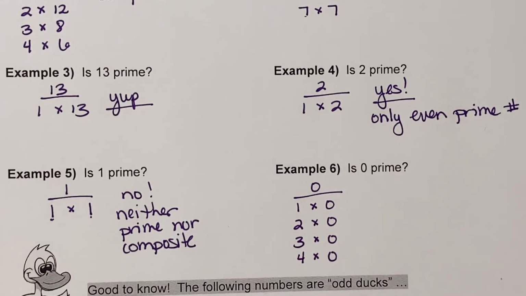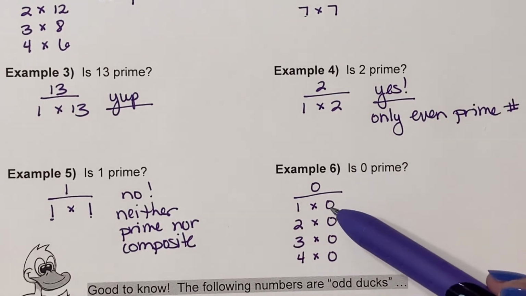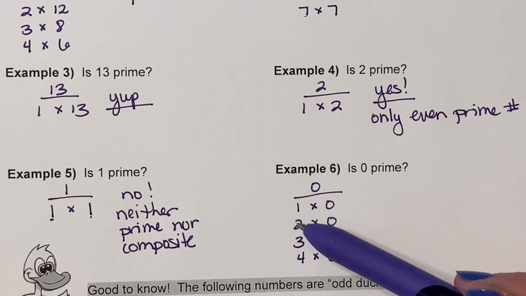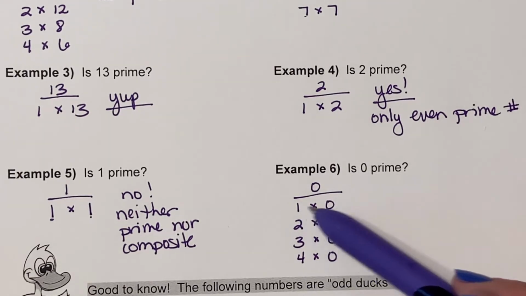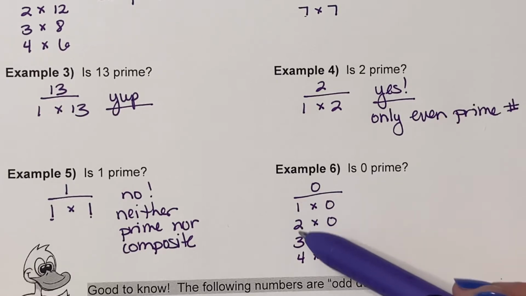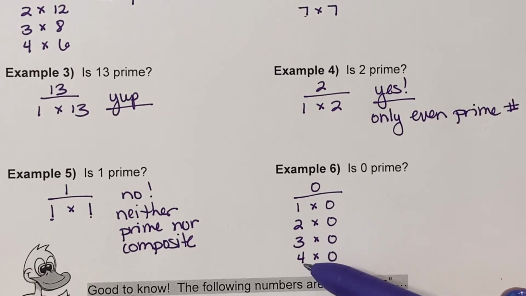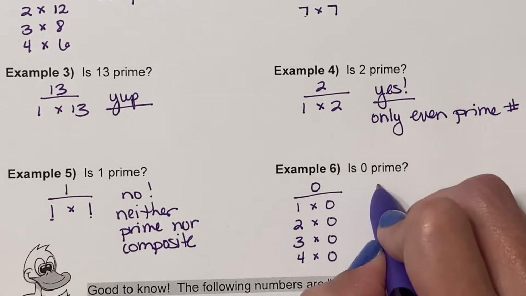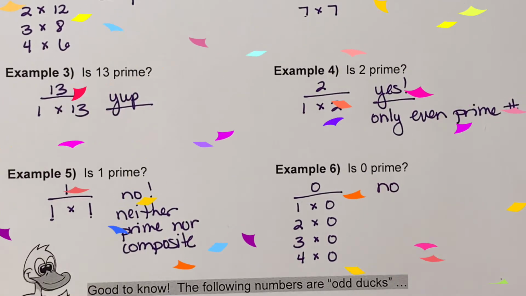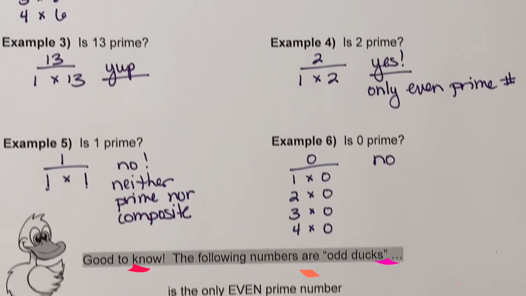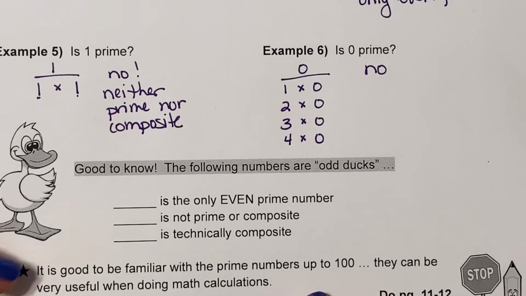Well, technically 0 times anything is that. But I'm only looking for 2 unique ones, and technically every number is a factor of 0 in its own special little weird way. So is 0 prime? No, it isn't. It's really not composite either. It's also just its own special little number. It's its own special little land. So it's good to know.